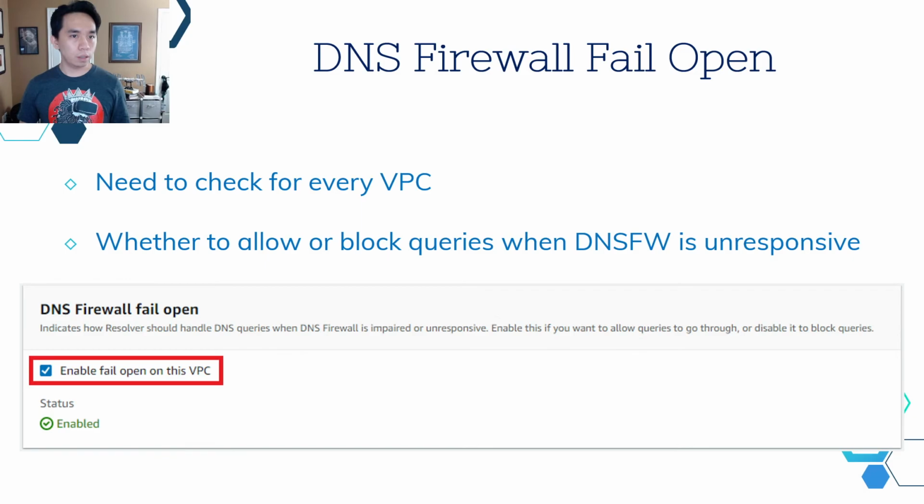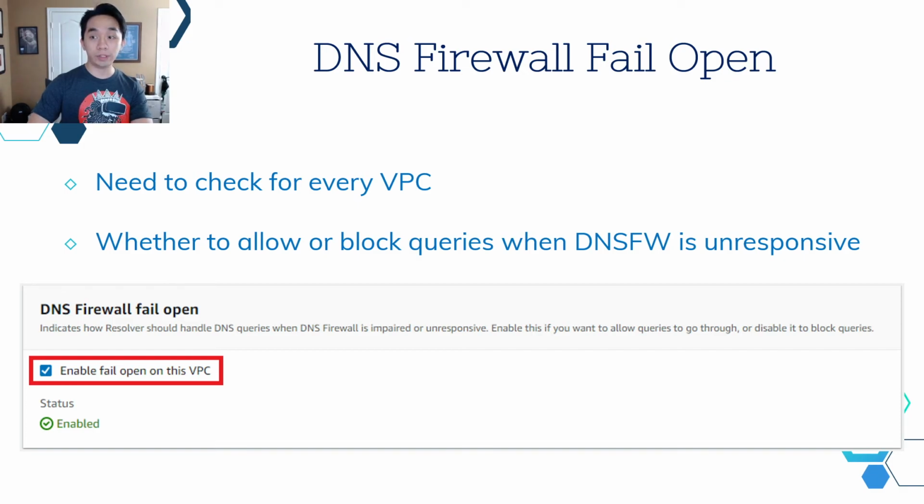Okay. Another note, here's something you need to check for every single VPC. In case the DNS firewall is failing or unresponsive, you need to configure whether you want the DNS query to go through in that case.